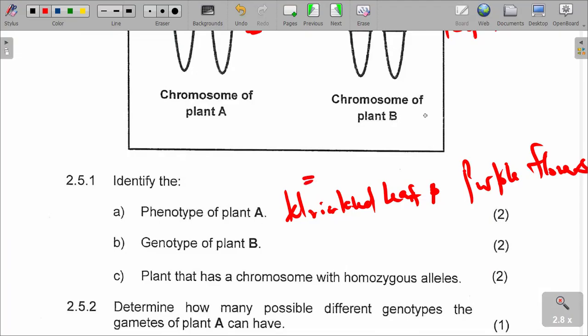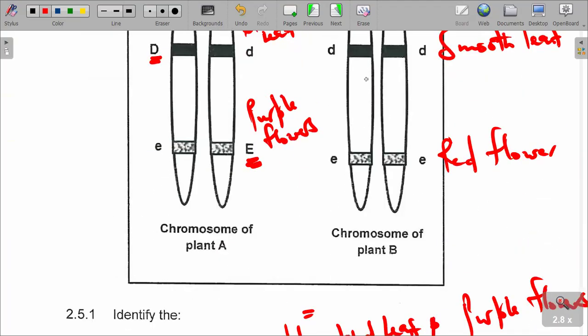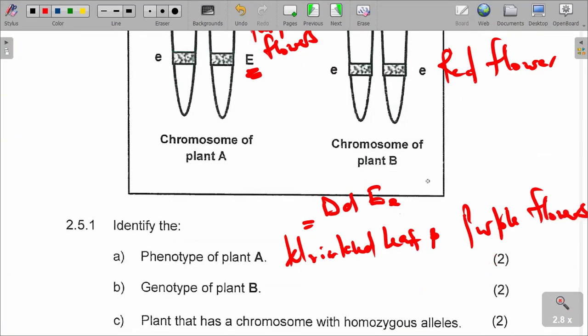Where are we getting this answer? We are getting it from the concept that this is a D, and then we also have an E. When we have this expression, it represents wrinkled leaf, and then the color is purple because of the dominant E that we have there.